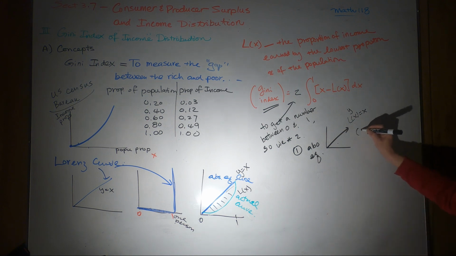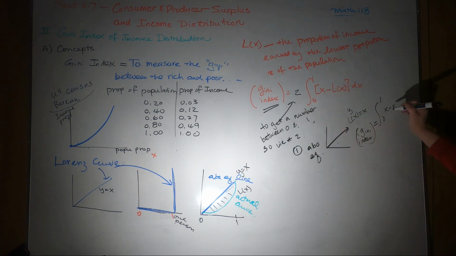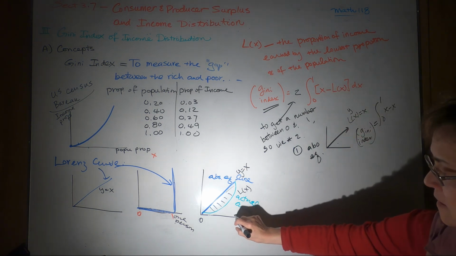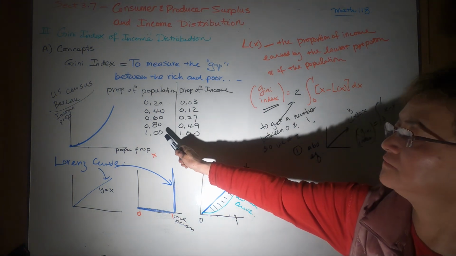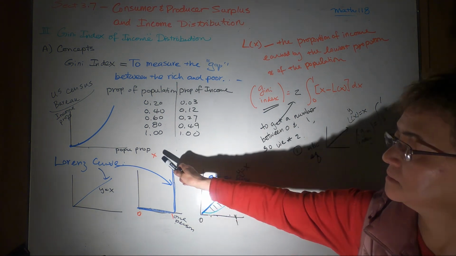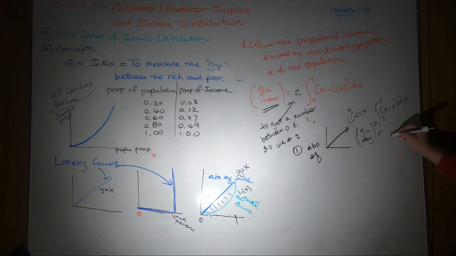Then you do the Gini index: integral from 0 to 1 of X minus X. X is your variable, the proportion of the population. If you do that, you plug in, and it's 0.